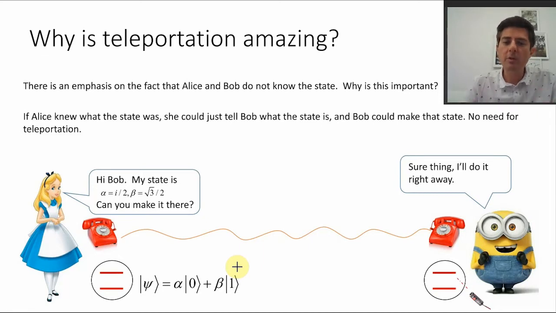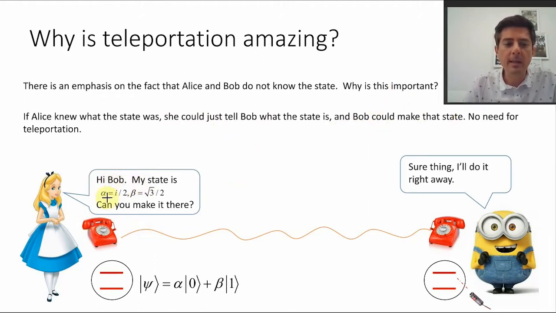But in terms of showing why this is important for the teleportation protocol, if she actually knew what it is, then it's not really very exciting, and you wouldn't need the teleportation. If Alice knew what the state was, we wouldn't need this fancy teleportation method to give the state to Bob, because all she would need to do is just phone up Bob and say, "Hey Bob, I've got this state.